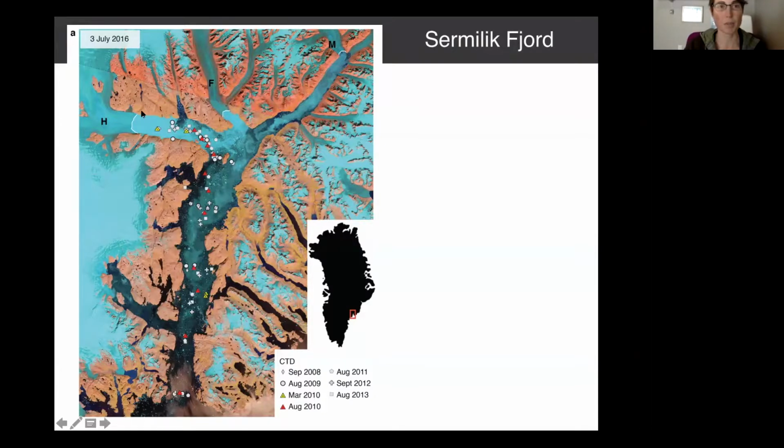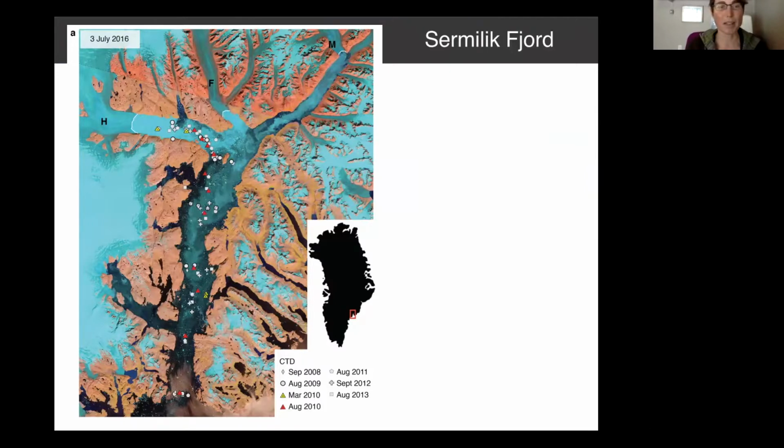Helheim is producing most of our icebergs that we see in the fjord here. And you can see the wide collection of CTD casts, data that's running from 2008 up into 2013. And there are also a couple of moorings which are not on this map, but are located here in different locations mid-fjord.